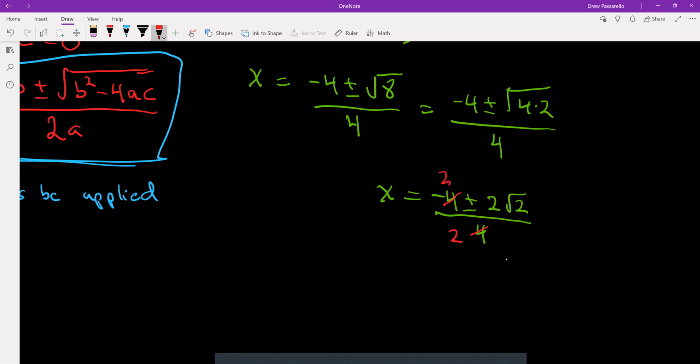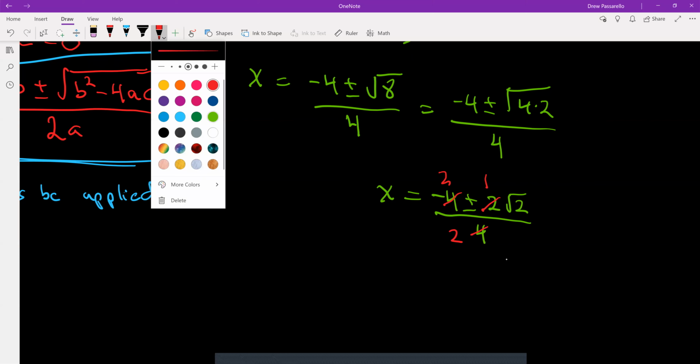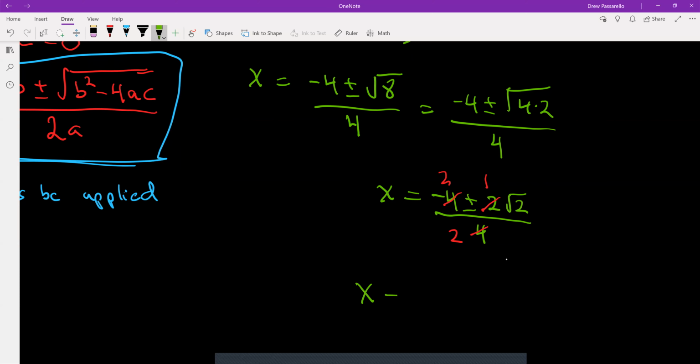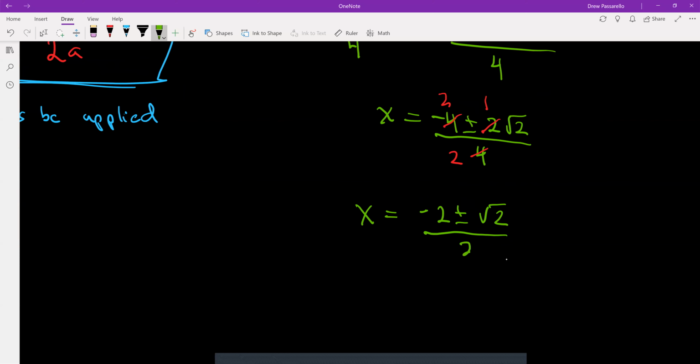And then 2 divided by 2 is 1. So really, this is x equals -2 plus or minus the square root of 2, or sorry, plus or minus, yeah, square root of 2 over 2.